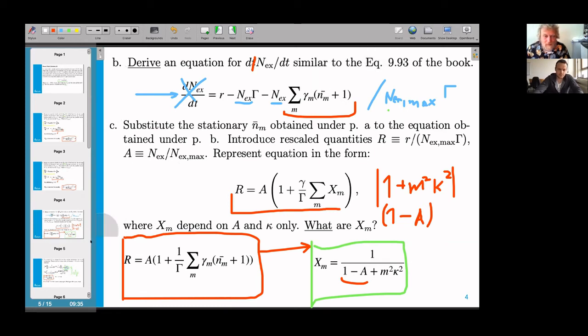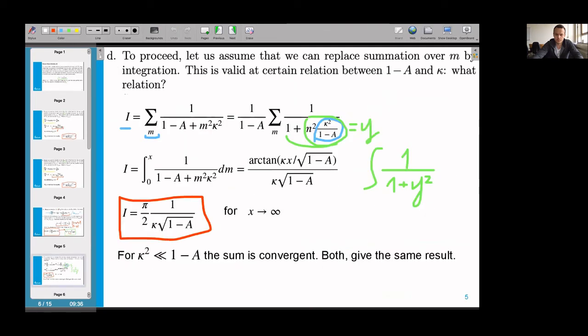Yeah, I had another question, if I may ask. For this expression on this slide, for the xm, we can do a similar argument as in the exercise, that for kappa squared over 1 minus a much smaller than 1, the function is smooth.